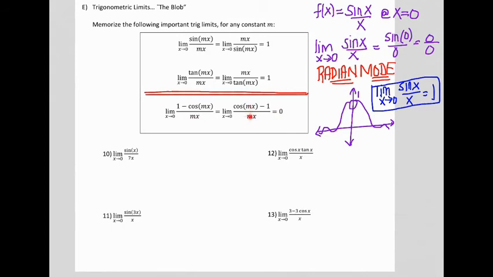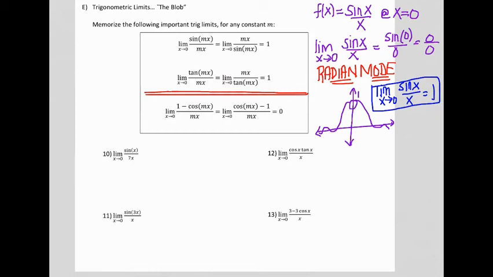Now this isn't true for reciprocal because the reciprocal of 0 is undefined, but it's true for the negation of this, meaning it doesn't matter the order that we subtract on the top, but this one goes to 0, whereas sine and tangent, those go to 1. So here's what I mean about using this sine x over x as the blob.